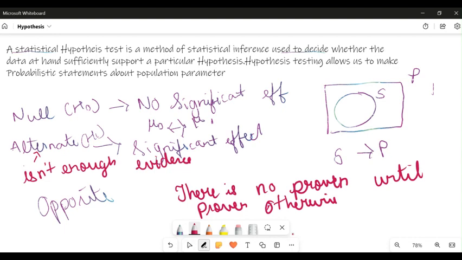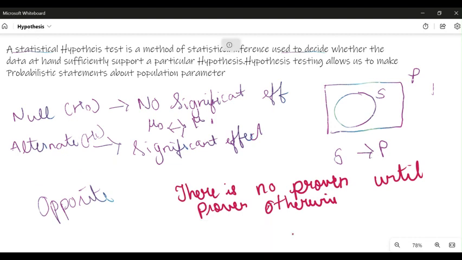Rather than saying that the null hypothesis is true, we say that there isn't enough evidence to prove the alternate hypothesis is true. This is the introduction to testing of hypothesis and the null and alternate hypothesis.